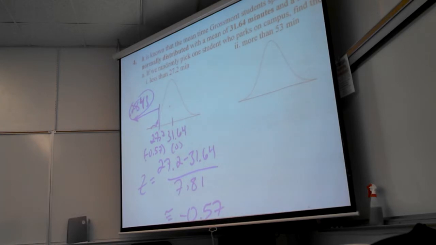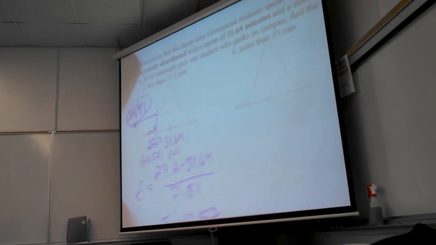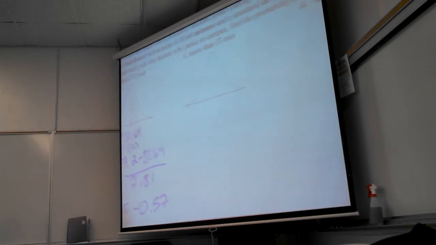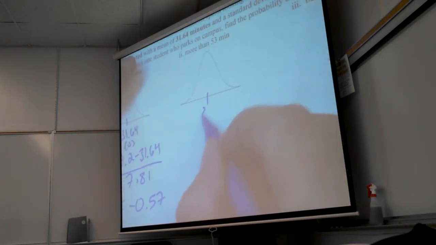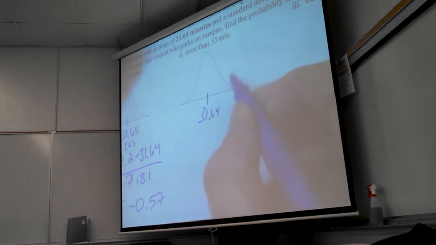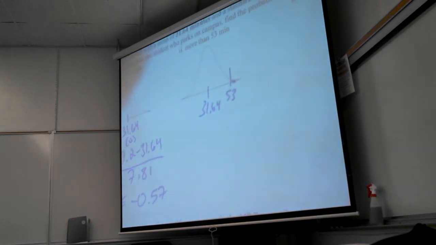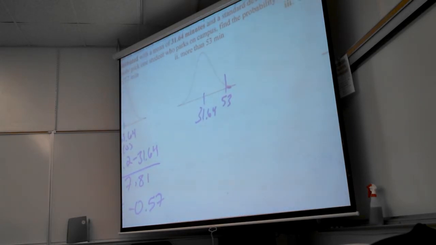Only 28% of the people take less than 27. Exactly. So those are the lucky ones, right? Number 2 would be the really unlucky ones.